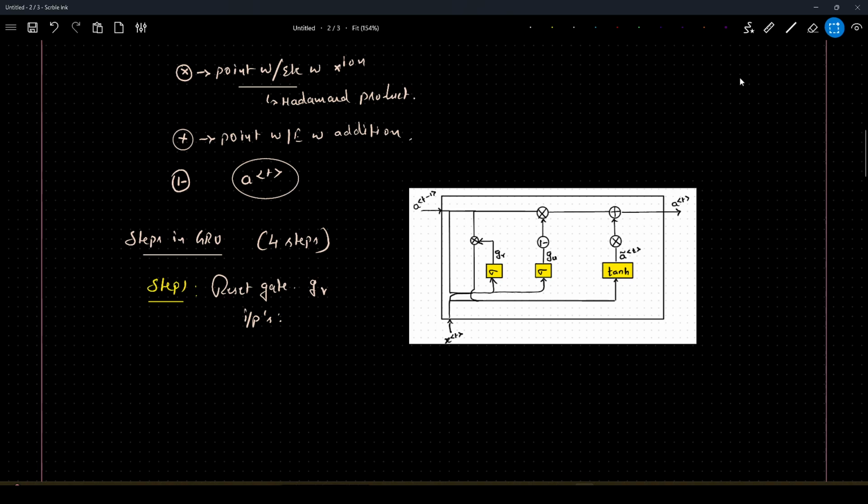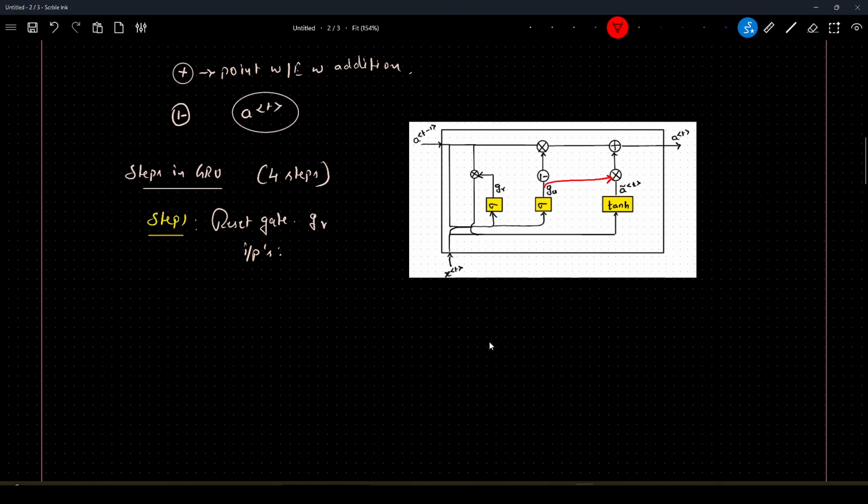The link is missing, so let me quickly draw that. There is a link from here to here. If you see for GR, what are the inputs? It is XT and AT minus 1, correct? AT minus 1 comes from this connection and XT comes from this connection. Let me write it down: XT comma AT minus 1.